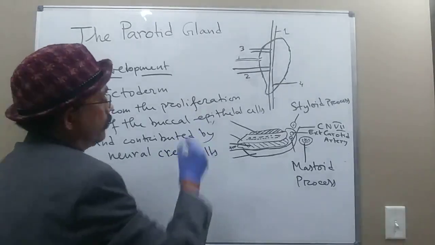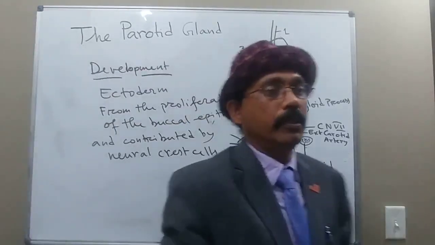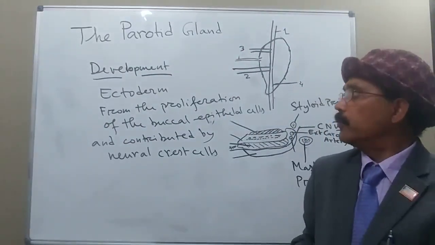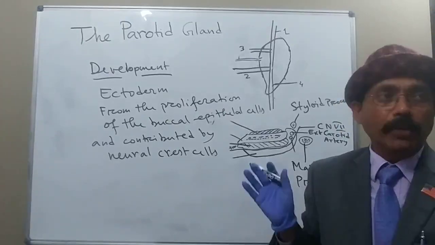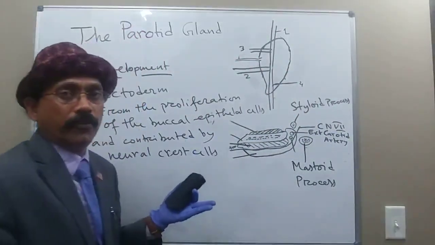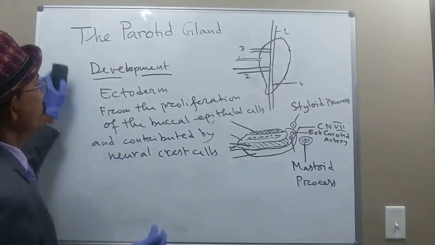So it is ectodermal and this is the way it develops. And this is a serous gland. It should contain serous acini histologically.